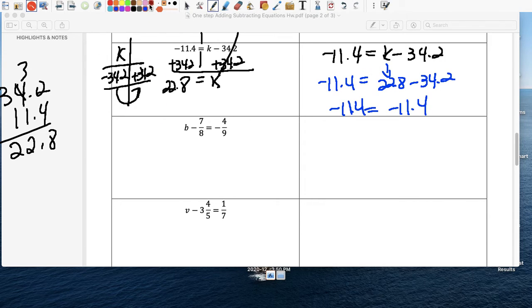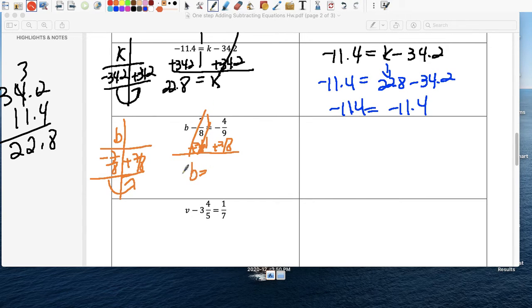Fractions, yay. The variable is b. What's happening to b? Somebody subtracted 7/8. So in order to undo that, we're going to add 7/8. So left and right side, let's do plus 7/8 and plus 7/8. And these two 7/8 go away.